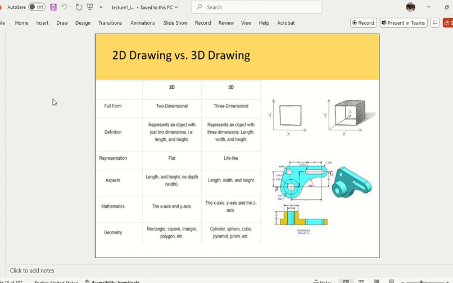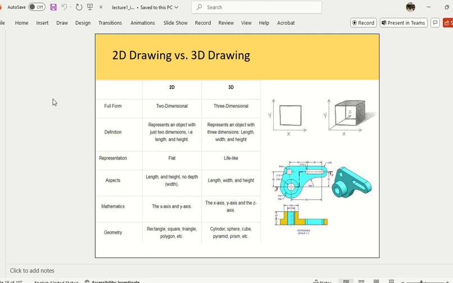Okay, 2D represents everything on a flat surface. And for our case, luckily, unfortunately, we most of the time deal with 2D for our work. We still need 3D, we still use 3D.